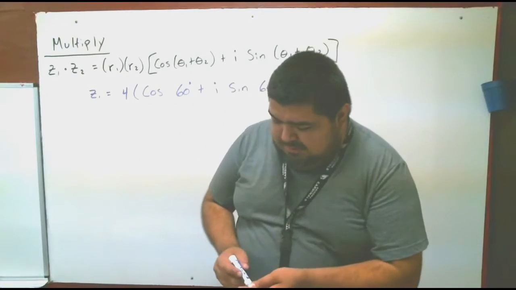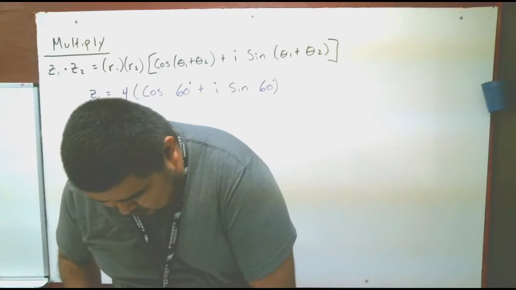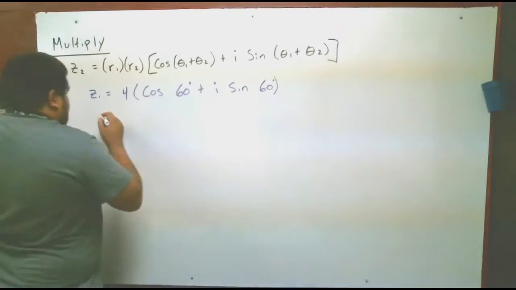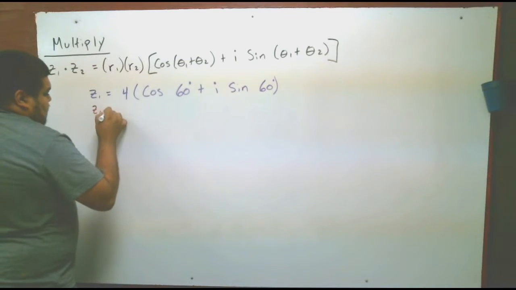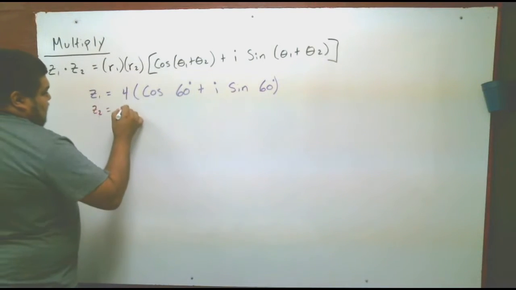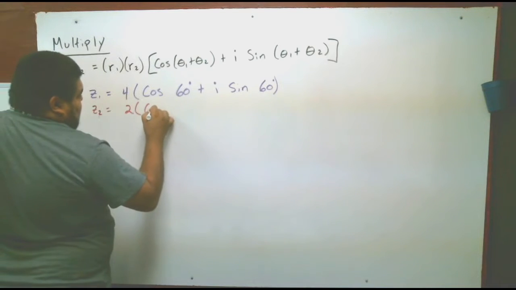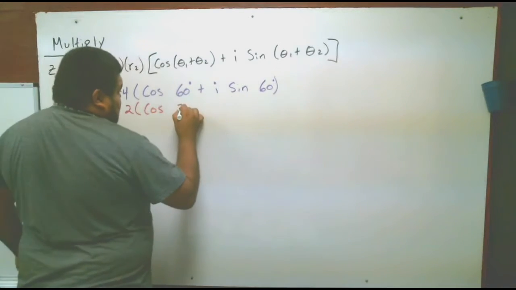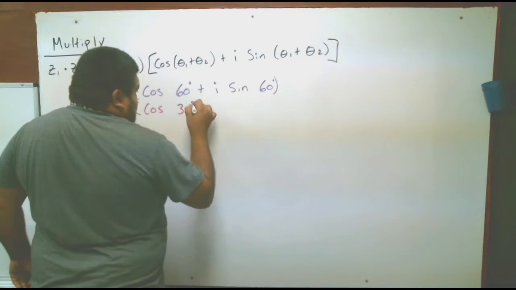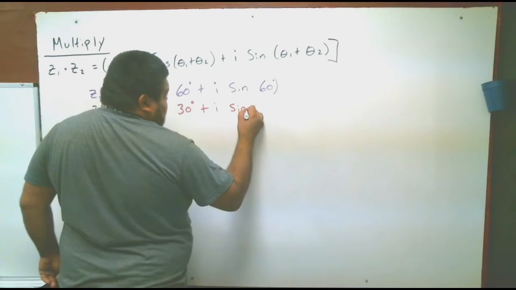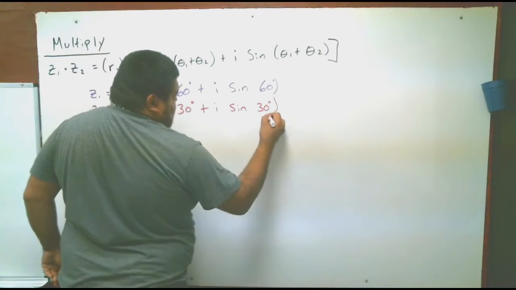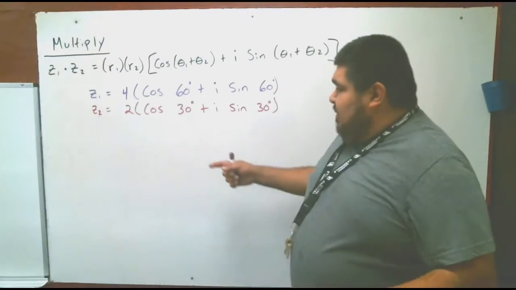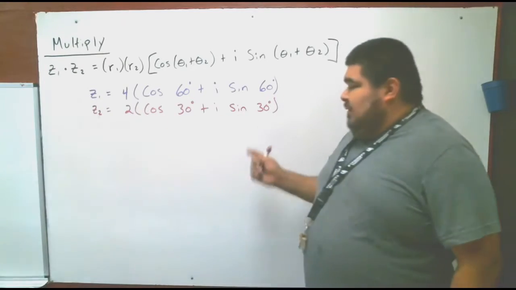Our second problem is Z2 equals 2 parentheses cosine of 30 degrees plus i sine of 30 degrees. It has to be the same, meaning that within the same problem, the cosine and sine have to have the same angle.